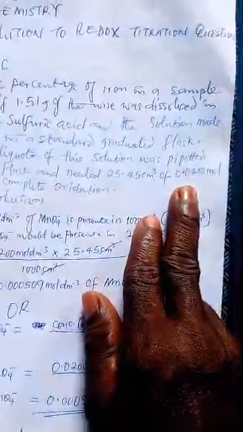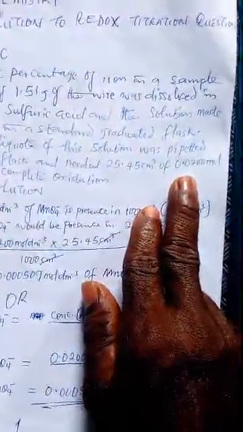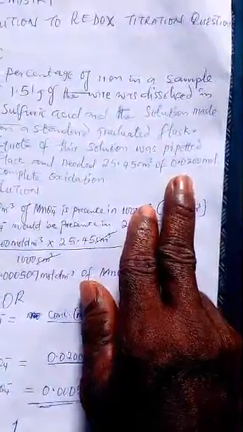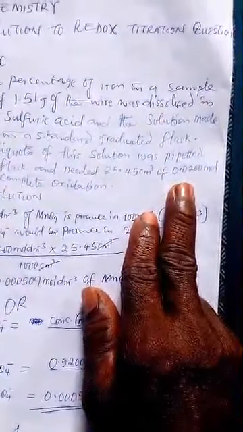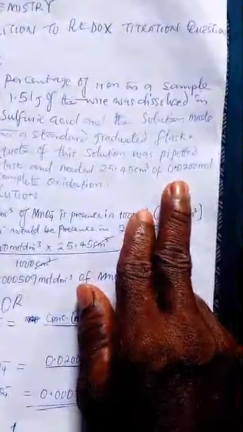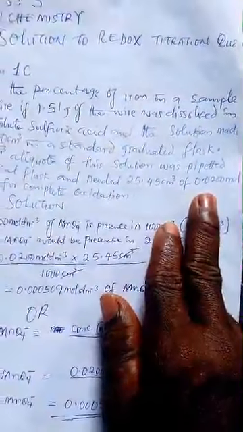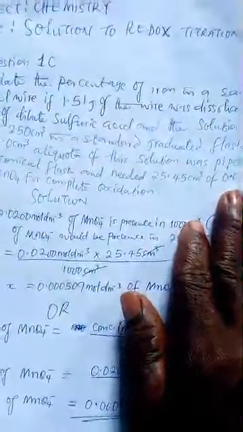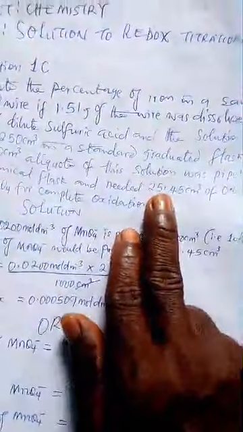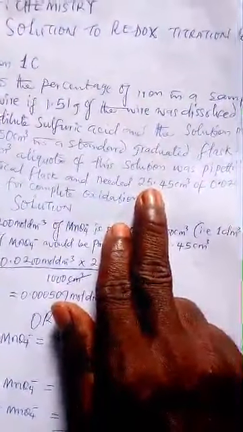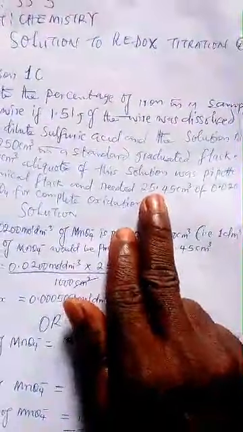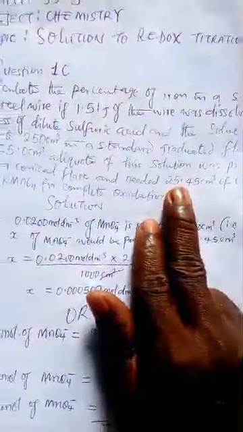Already you know that 0.0200 mole per dm3 is present in 1 dm3 or 1000 cm3. Then you have to find out the moles of potassium permanganate that is present in this 25.45 cm3 before you calculate the mole of iron.